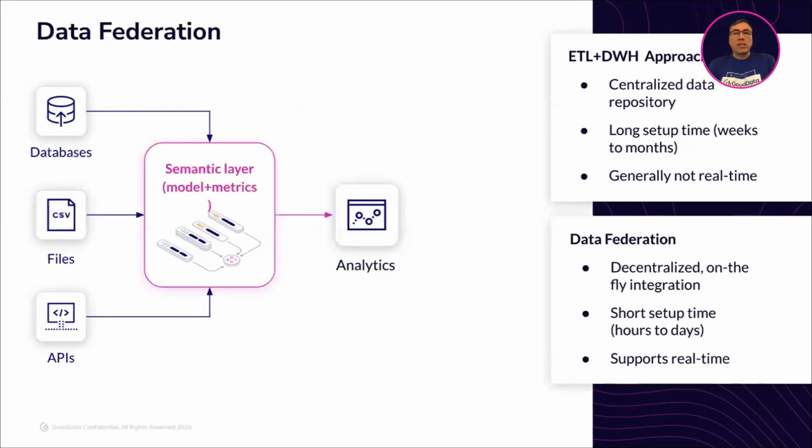Now we are offering also possibility to connect multiple data sources to the same semantic model in one workspace, and use metrics built on top of it. And with this type of integration, the data integration is decentralized, this on-the-fly integration.